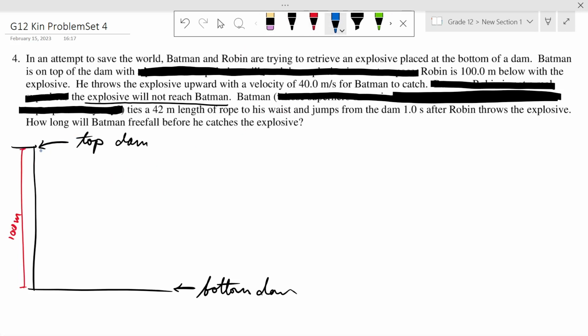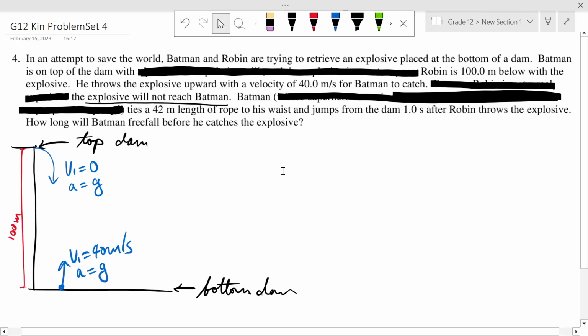You have one guy jumping down at an initial velocity of 0 because that's a free fall. Acceleration equals gravity. And you have this guy over here throwing something upwards at a v1 of 40 meters per second up, and an acceleration of gravity pulling it down.